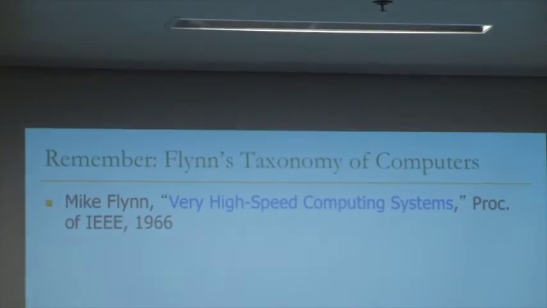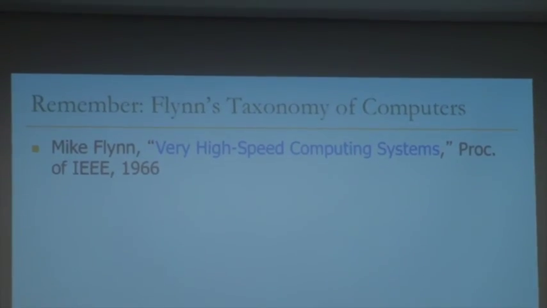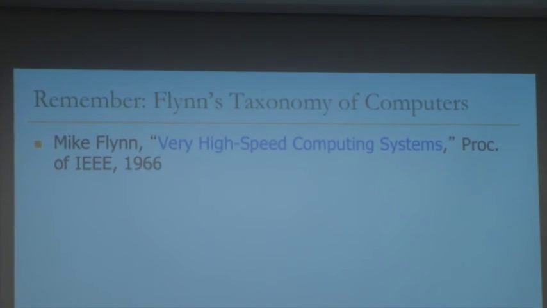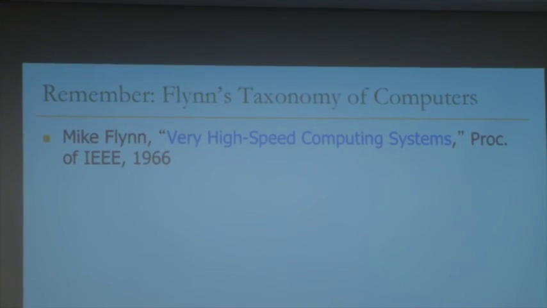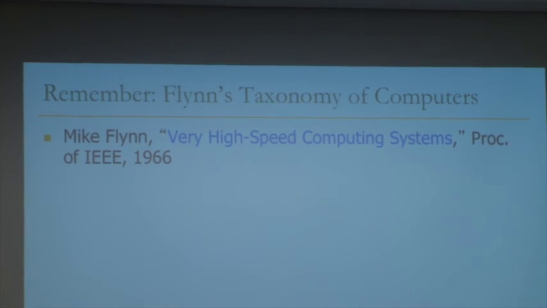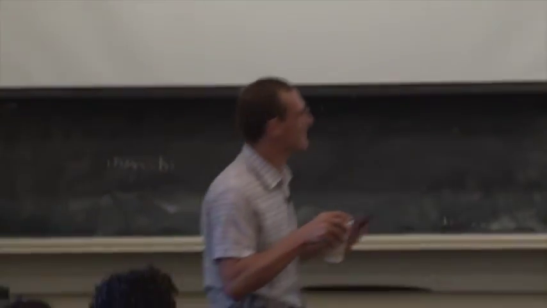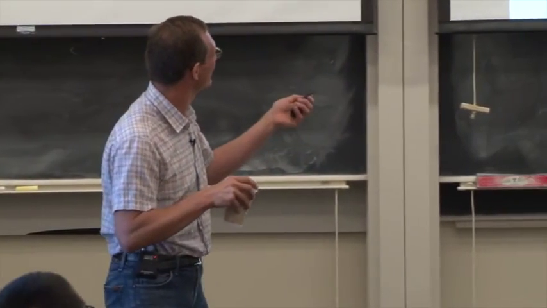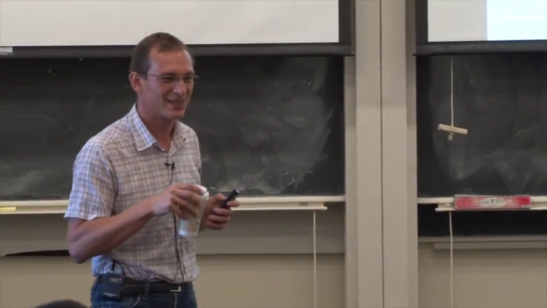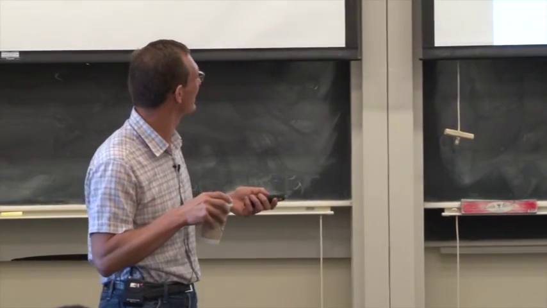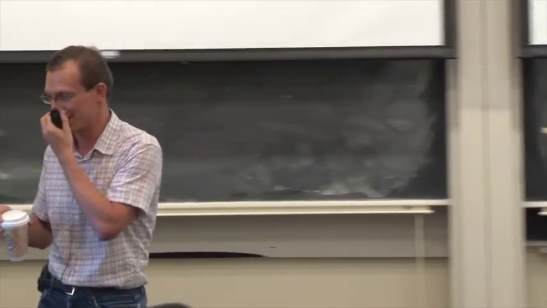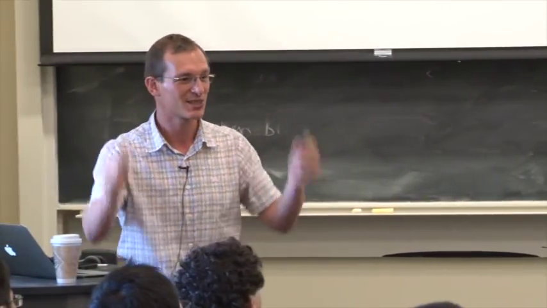Do you guys remember this paper? Flynn's taxonomy of computers? How many of you do? Some? Good. The others are sleeping probably, or were sleeping when I lectured in 447 or 740. So this is a seminal paper that was written in 1966. And it basically classified computers in two dimensions.